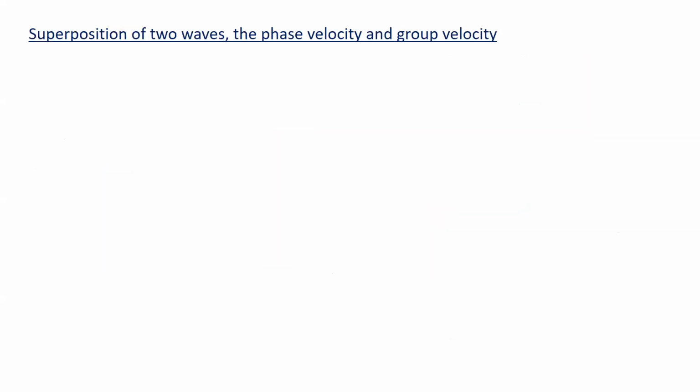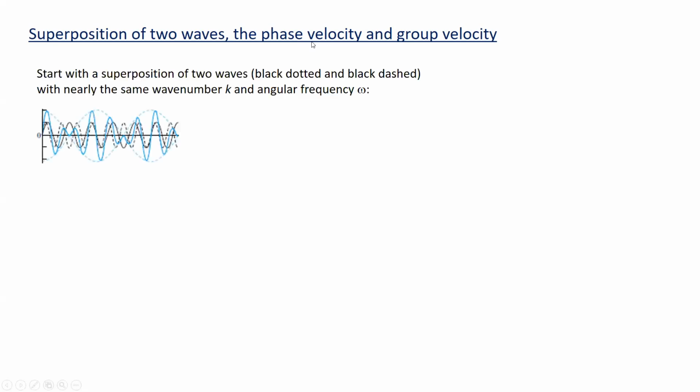We're going to do that in a couple of steps. First, we're going to build up. We're going to start with two waves and define things called the phase velocity and the group velocity, which are key to understanding the propagation of these so-called wave packets.